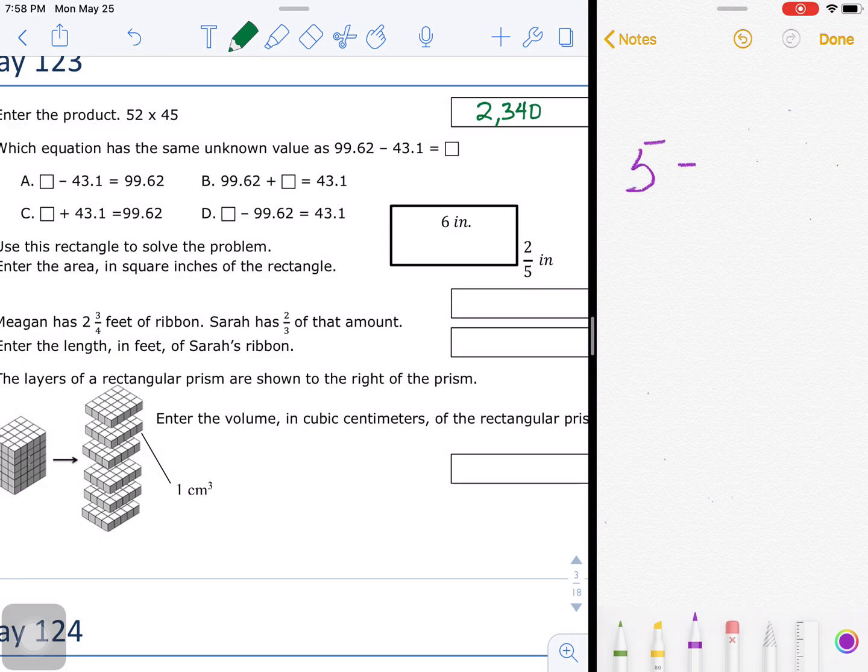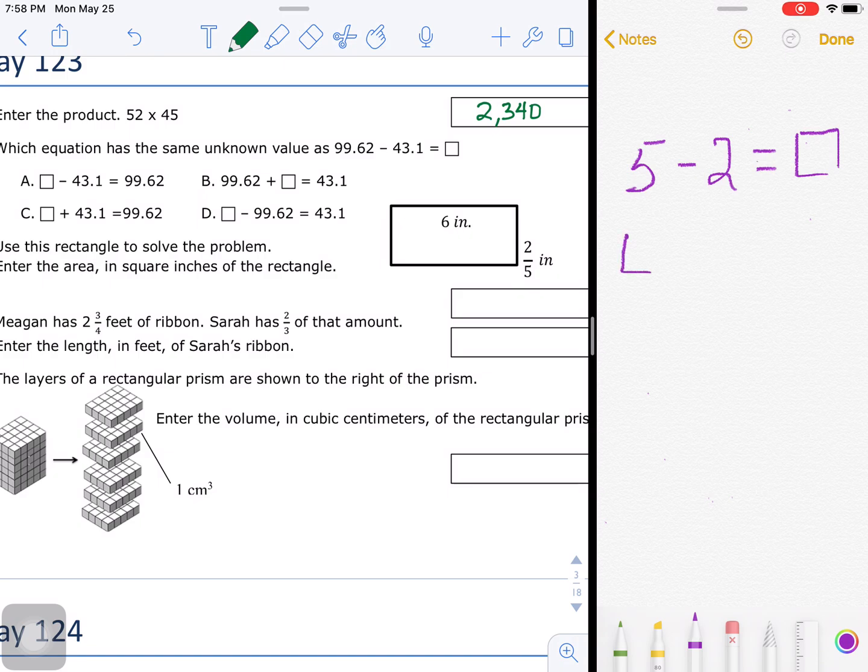Let's say I have 5 minus 2 equals an unknown value. The reason I choose this is because you all know what the unknown value is. It's 3. And so which of these would fit the scenario that is given?